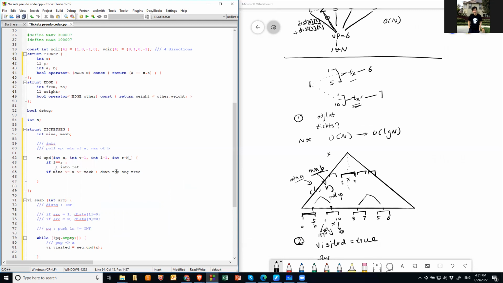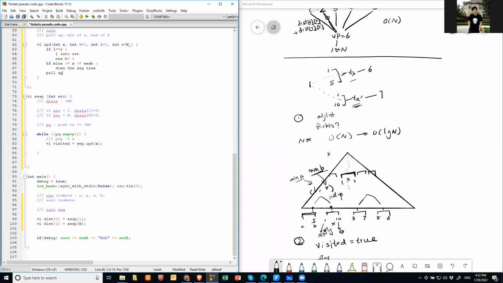Actually, you also have to remember we have to mark this, right? We make the max, right? So then, of course, you have to do the pull up. Standard segment tree stuff.